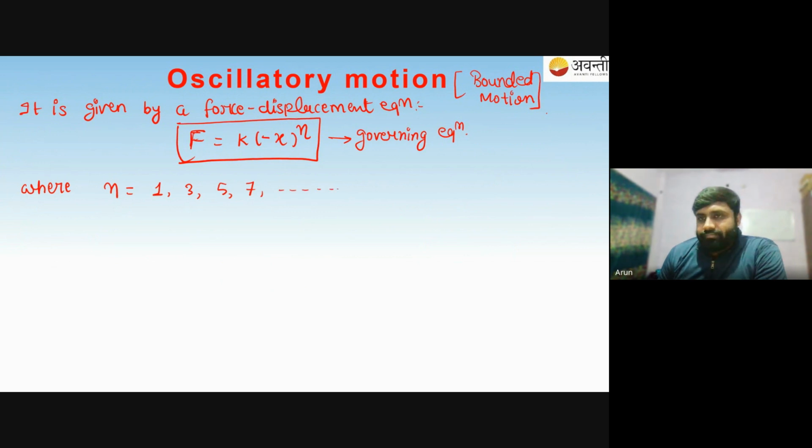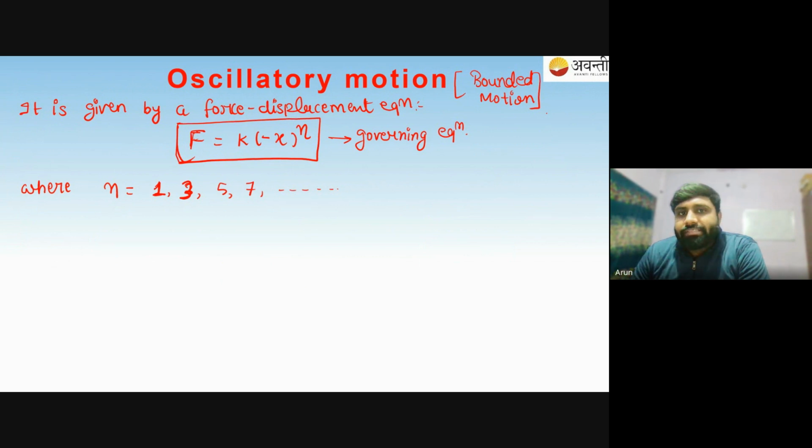Now, how to use this equation? This entire equation, F = -k x^n, you don't need to use.